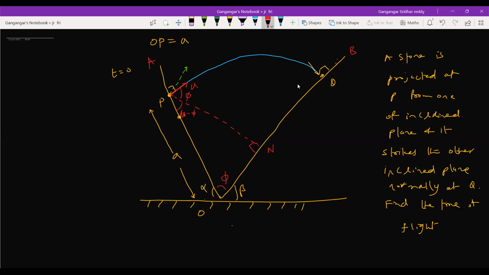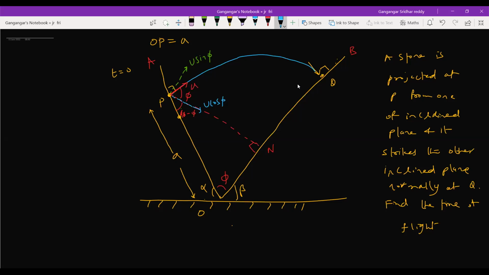So what is this component now? U sine phi, shall I write? What about the other component? The other component will be U cos phi. U sine phi will be parallel to the inclined plane OB. I resolved it, and it will strike normally, no?